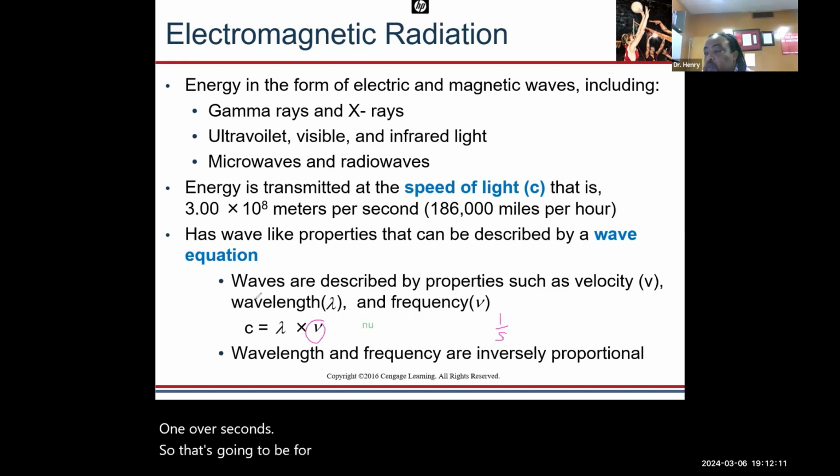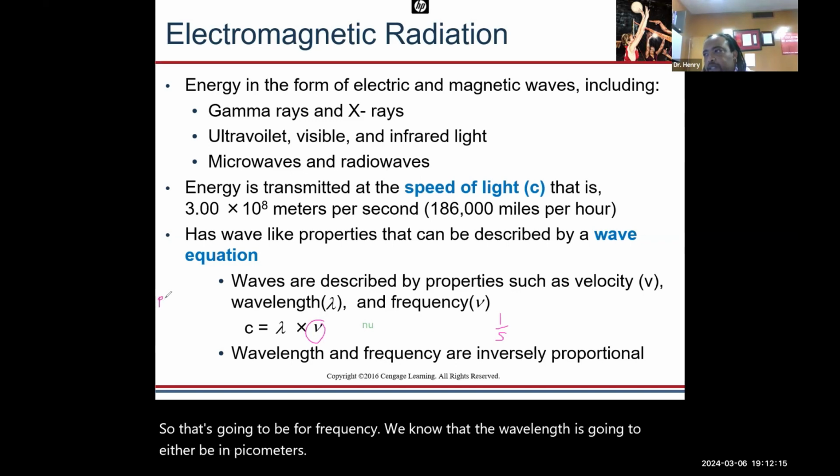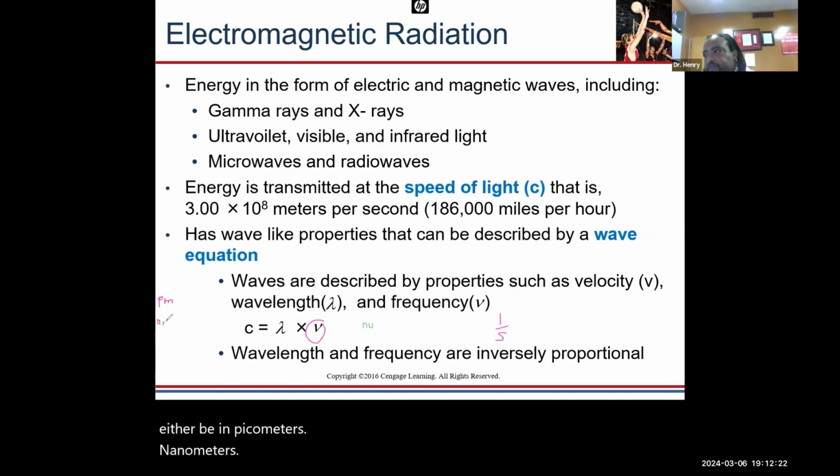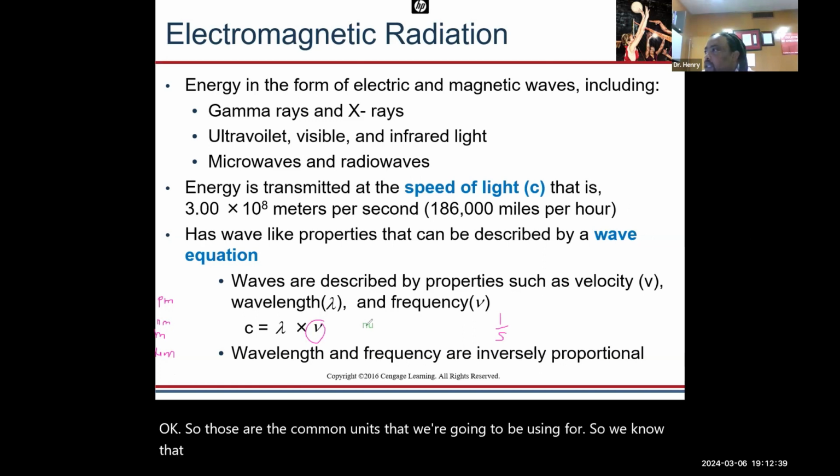We know that the wavelength is going to be in picometers, nanometers, meters, and I guess occasionally micrometers. Those are the common units that we're going to be using for it. So we know that that's going to be distance.